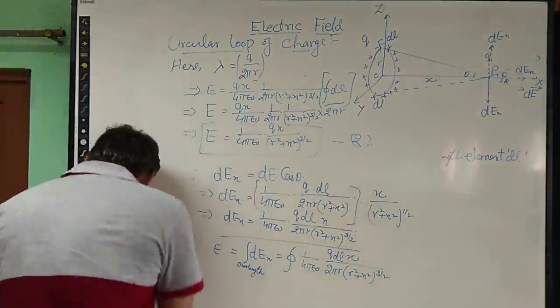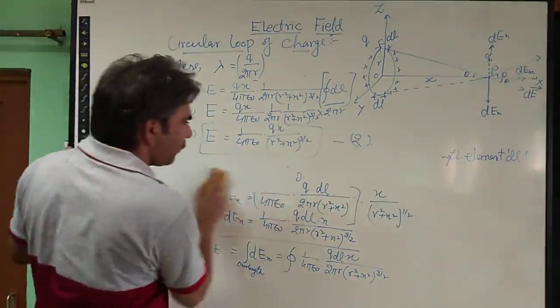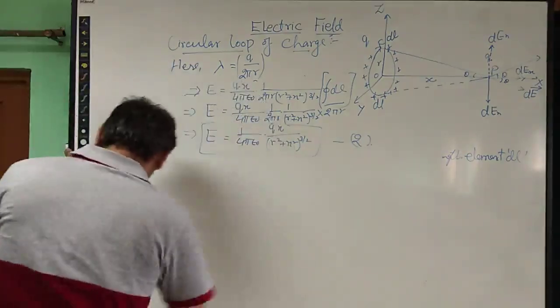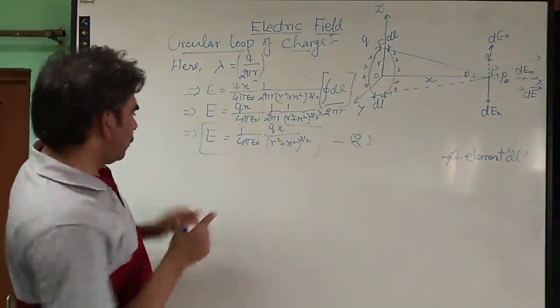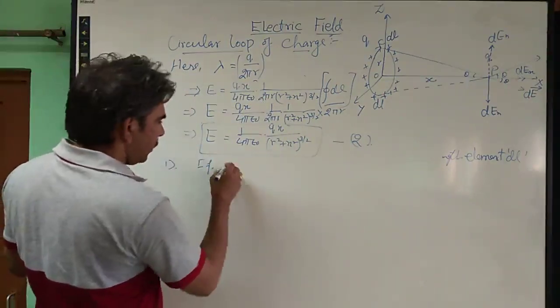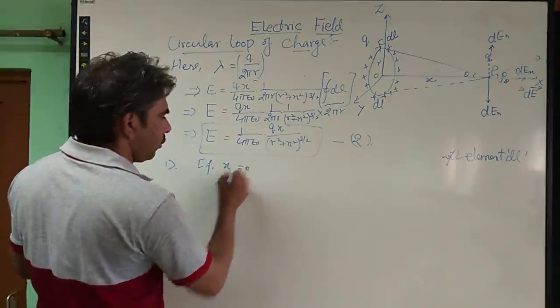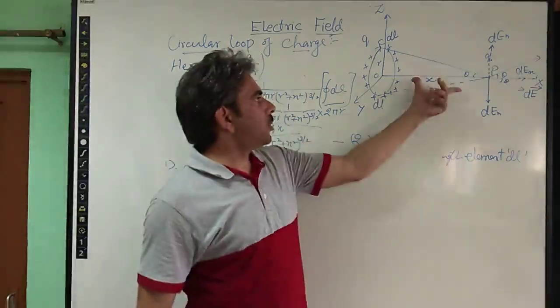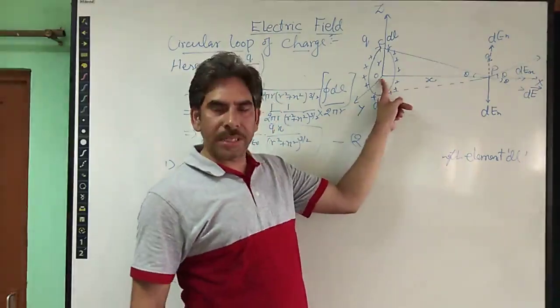You can take a few special cases. First special case is if this x is 0. What does that mean? This x is 0 means point P is lying at the center of this loop.